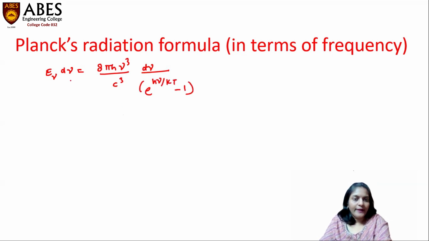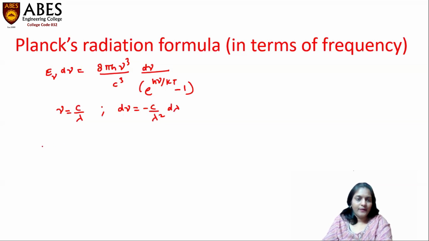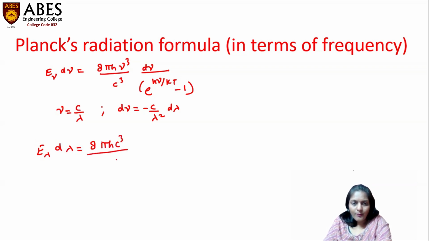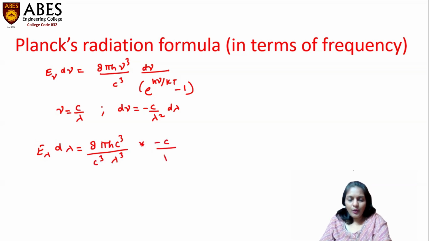And if I want to write the Planck radiation formula in terms of wavelength, then I know the relation nu is equal to c by lambda and d nu is equal to minus c by lambda square into d lambda. So the Planck radiation formula becomes E lambda d lambda equals 8 pi h c cube upon lambda cube into c cube minus c upon lambda square into d lambda upon e raised to the power hc by lambda kT minus 1.